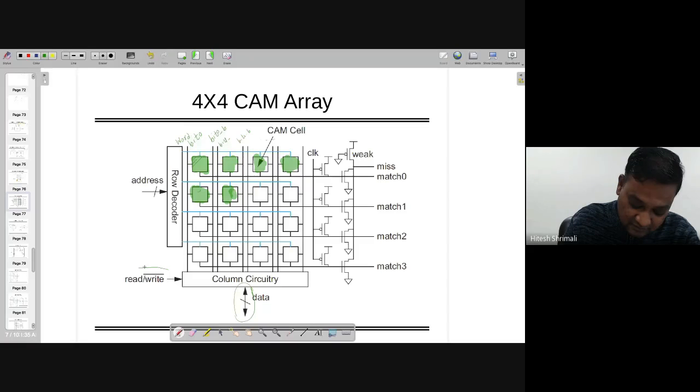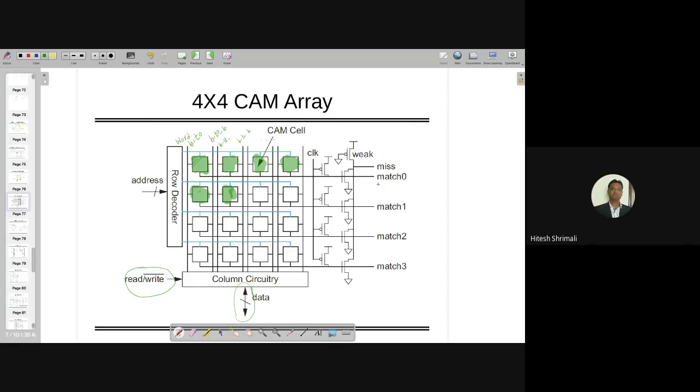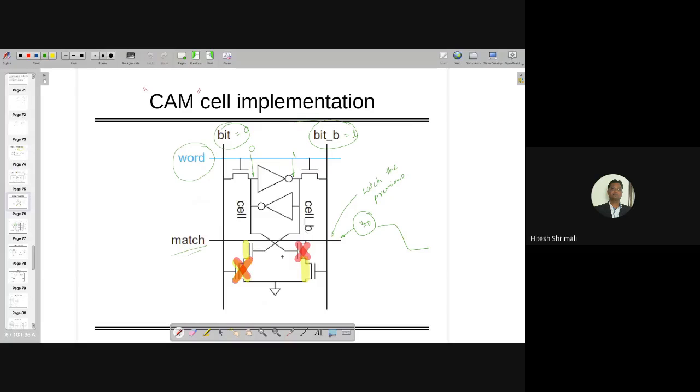Okay, and you can see over here, extra things are match lines. So match lines are also given horizontally like word lines, but they will have 4 extra transistors. Note that by looking at this particular CAM cell, you can find out how many transistors are required.